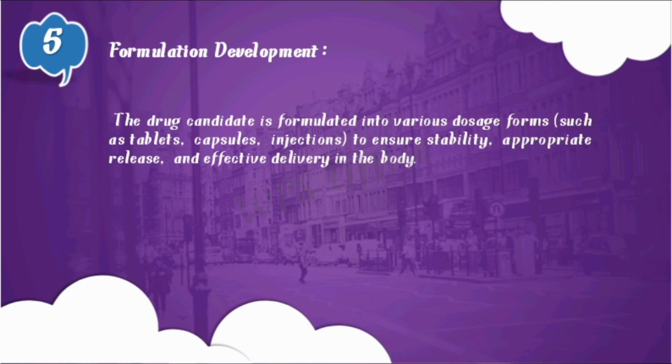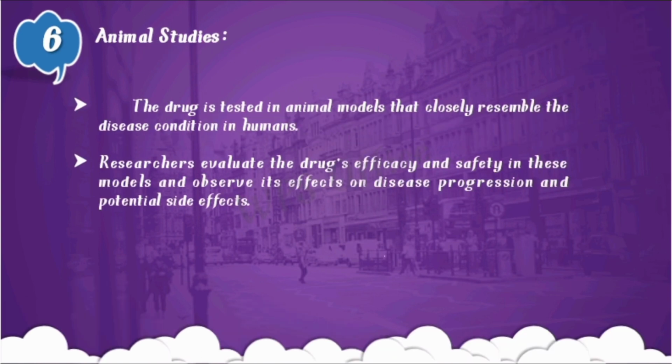And the sixth step is animal studies. The drug is tested in animal models because the animals closely resemble humans. So researchers evaluate the drug's efficacy and safety in these models and observe its effects on disease progression and potential side effects.